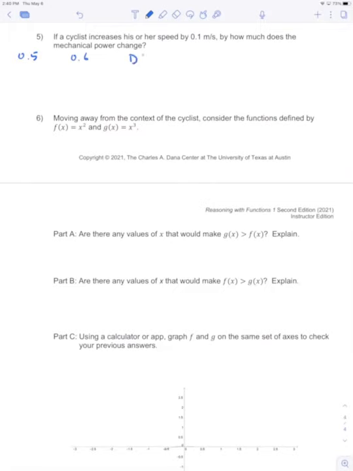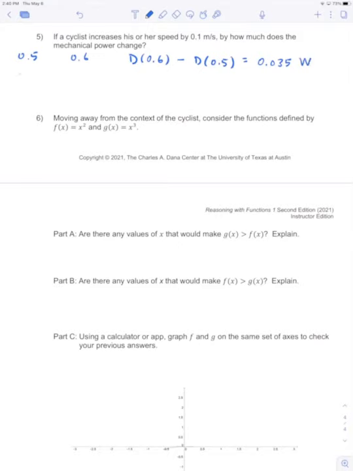We're going to take d of 0.6, subtract d of 0.5, and when we do that, we're going to get about 0.035. And that's going to be in watts. So I put my W for the units there.